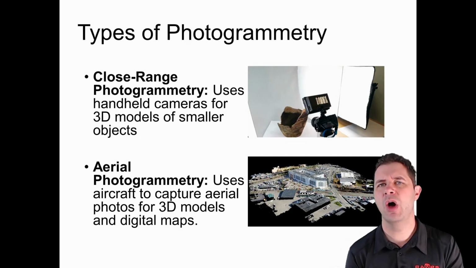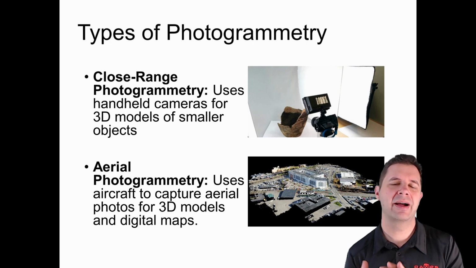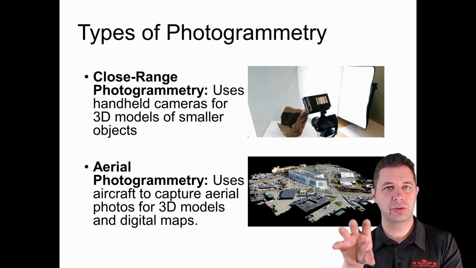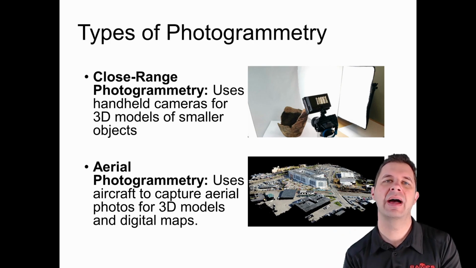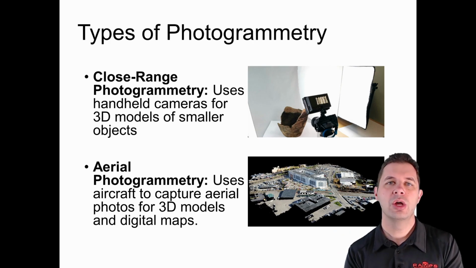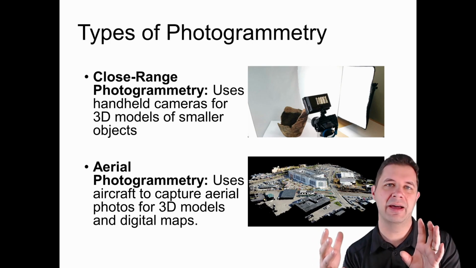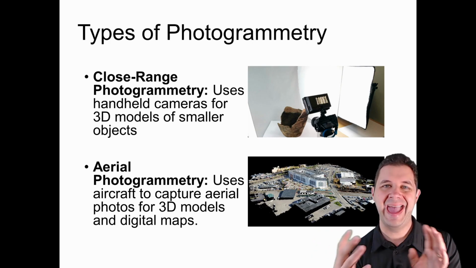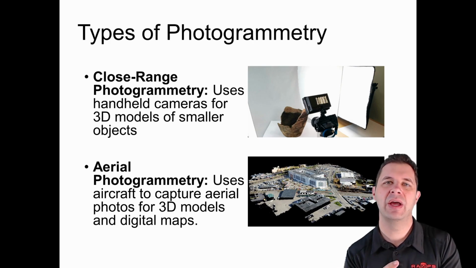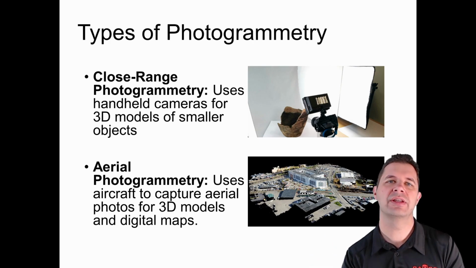Now, there's a couple of different types of photogrammetry. We've got our close range photogrammetry, where we've got a mobile phone or a handheld camera that we can use, or a special 3D camera. There's a few different ones on the market that allow us to take pictures of an object or a vehicle or a house or something like that, that we're looking at closer things.